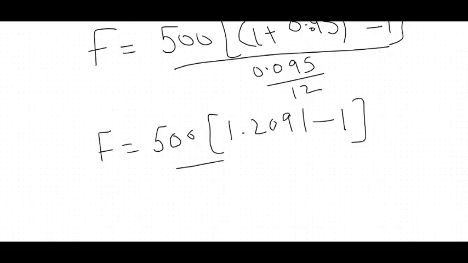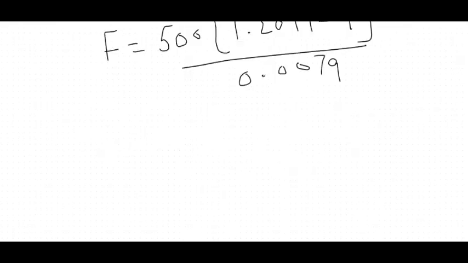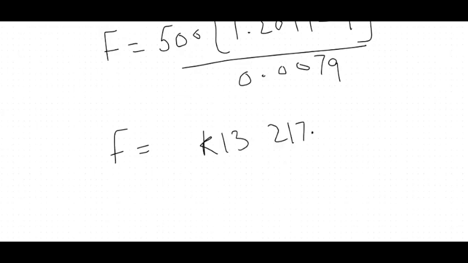Okay? So we have an F equal to approximately, after doing the simplification, 13,217.476. So this is the total. We have an F and we have a value.